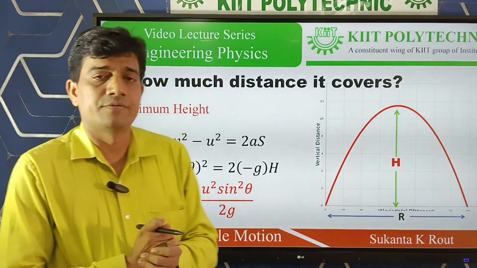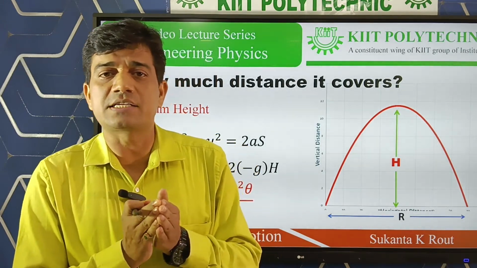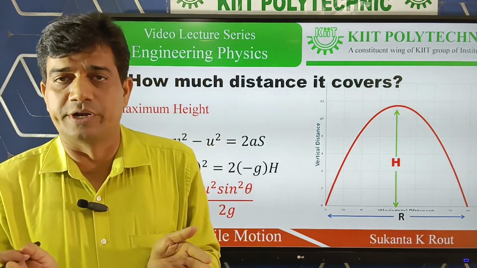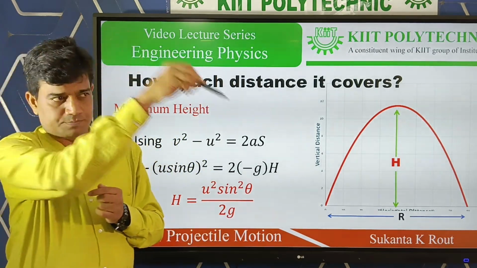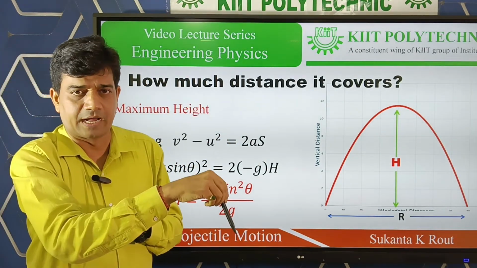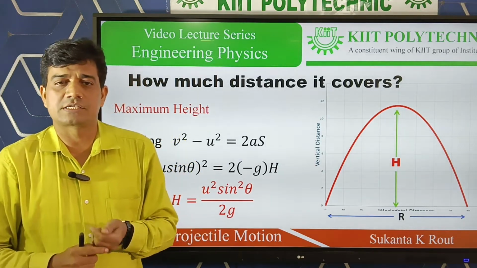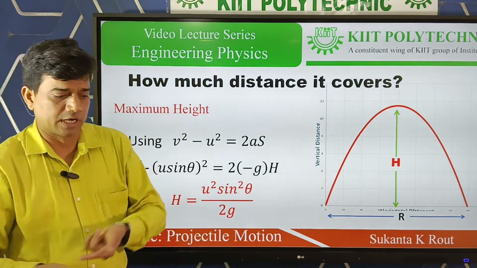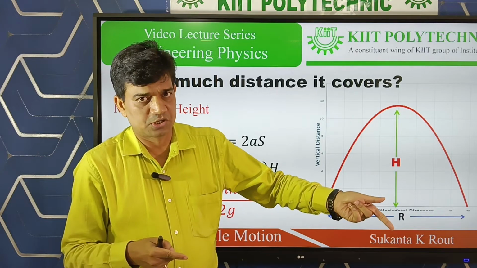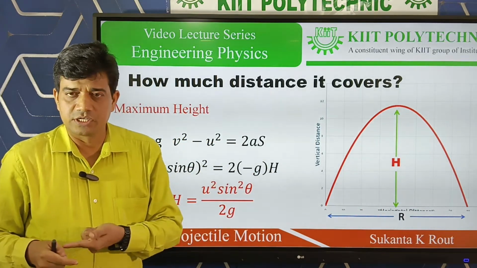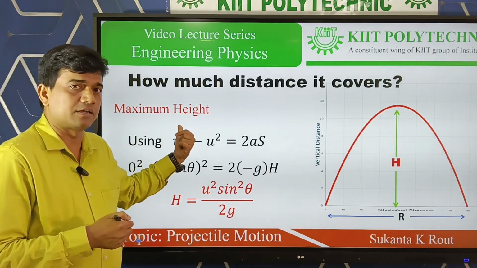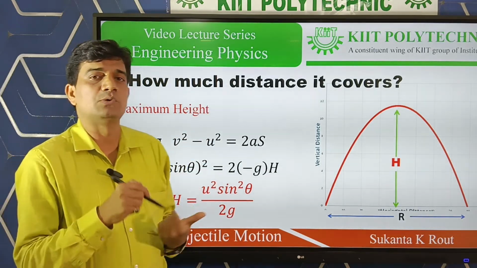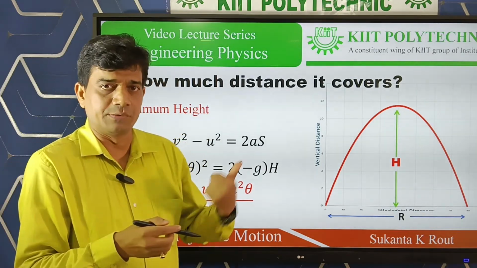in order to derive how much distance the projectile covers, here, students, two terms will come, because once the projectile follows that parabolic path, the distance will be in vertical direction as well as in horizontal direction. In order to find the distance in vertical direction, you can apply the equation v square minus u square equal to 2as. Already you know the thing.